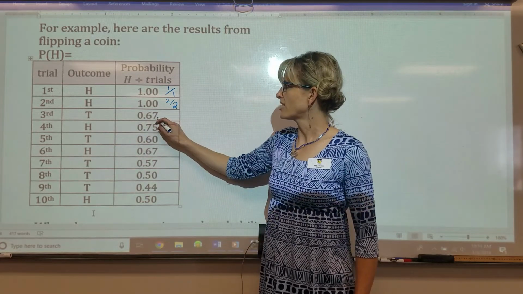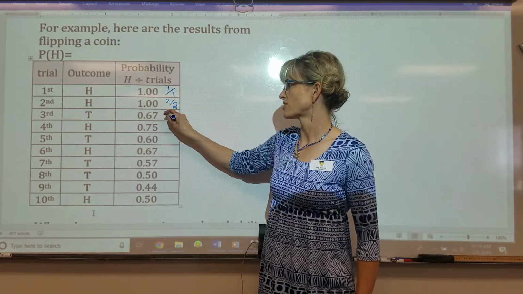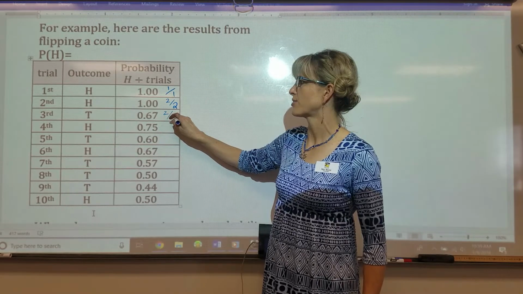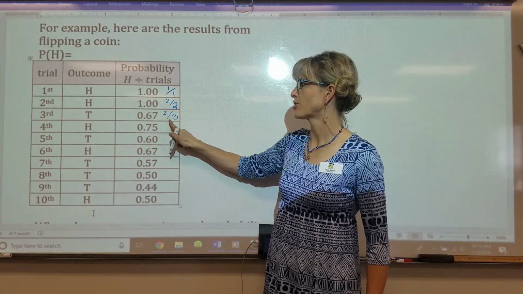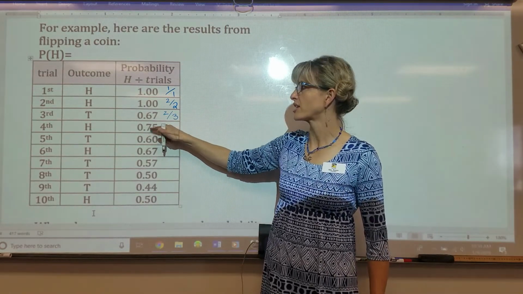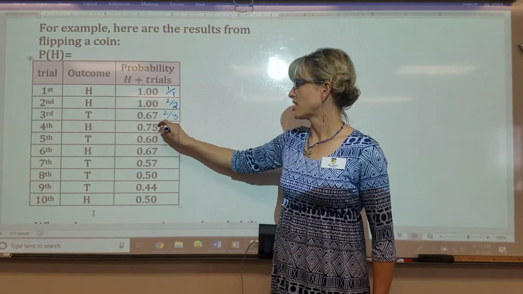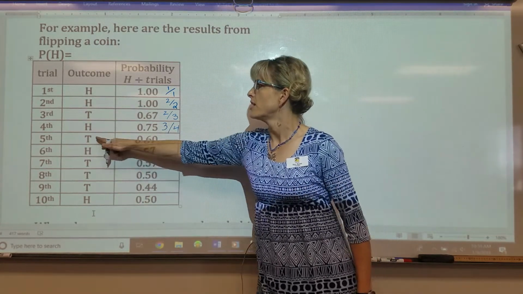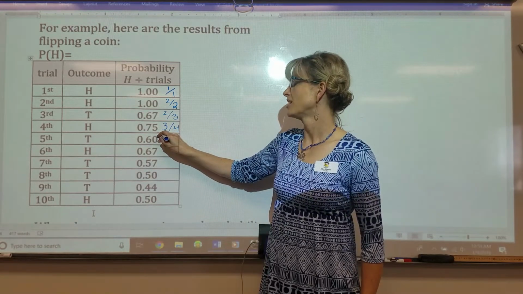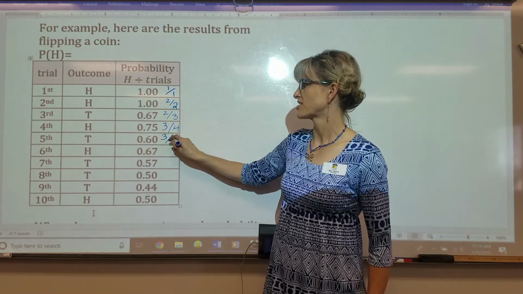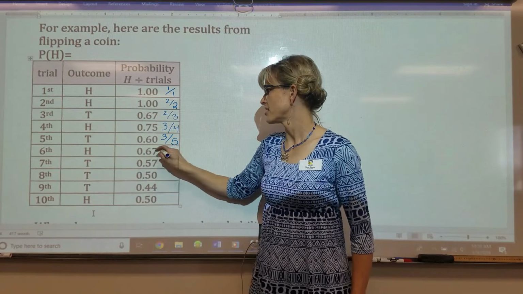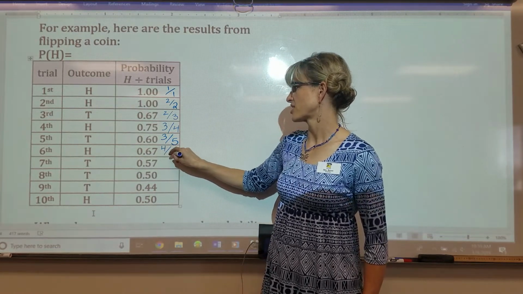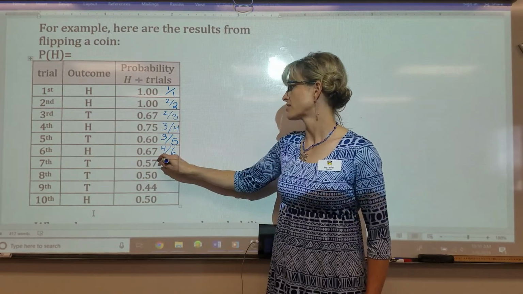Third time, we got tails, so we lost. We still only have two successes out of three trials. See how 2/3 is about 0.67? That's been rounded. Our next heads is our third success out of four trials. 3/4 is equal to 0.75. Our next trial, we lost, so it's still only three successes out of five trials. Heads on the next one, a fourth success out of six trials. Tails, we lost.